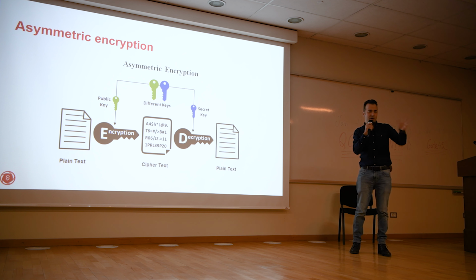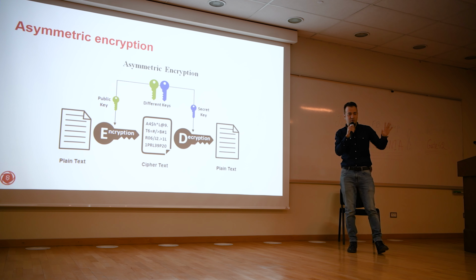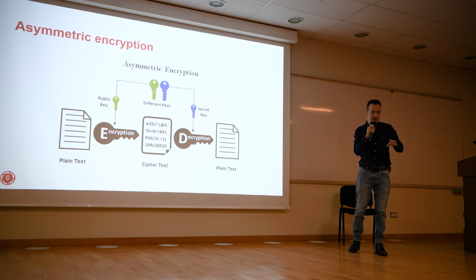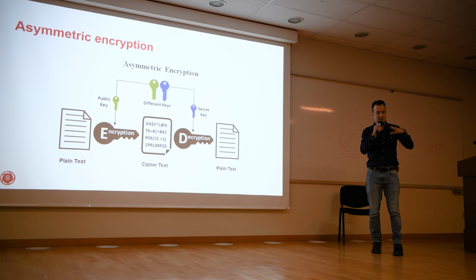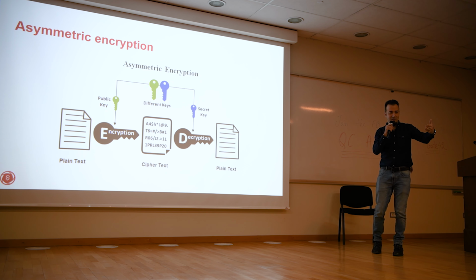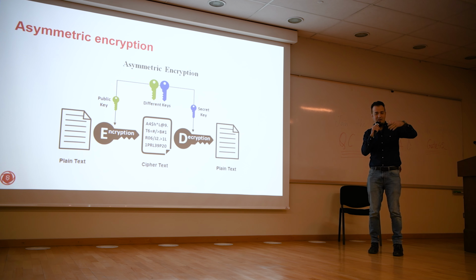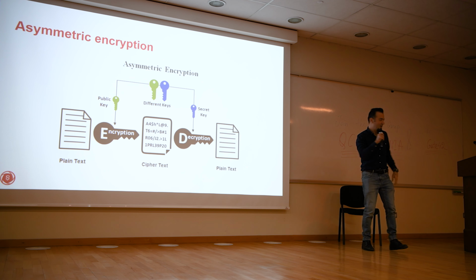It really doesn't matter which one is which. We just name one of them private, one of them public. There is just no way to decrypt information with the same key that you encrypted. You need the other one, and there is no way to get one key knowing the other one. So this is the basic principle.